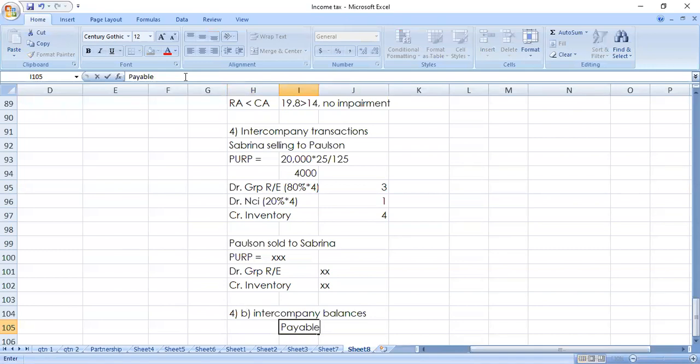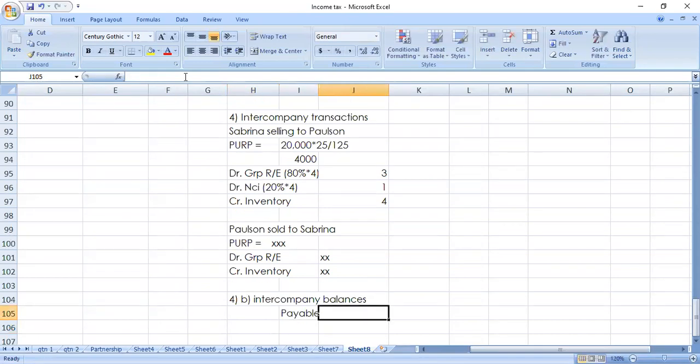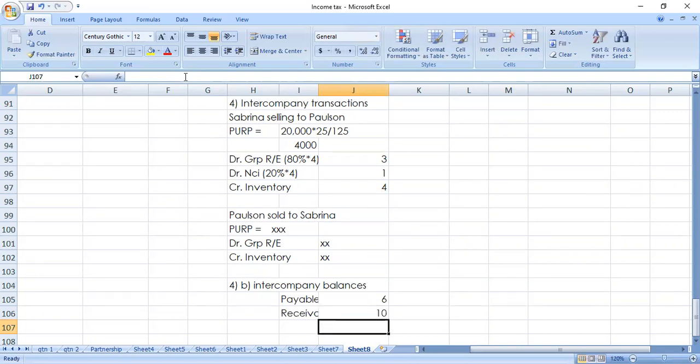How much? 6,000. You ignore zeros. Then you identify that you have a receivable. Remember, as a group, what you have is what I have. If it's payables in the parent, it's actually payables in the subsidiary. So you have a 10 here.